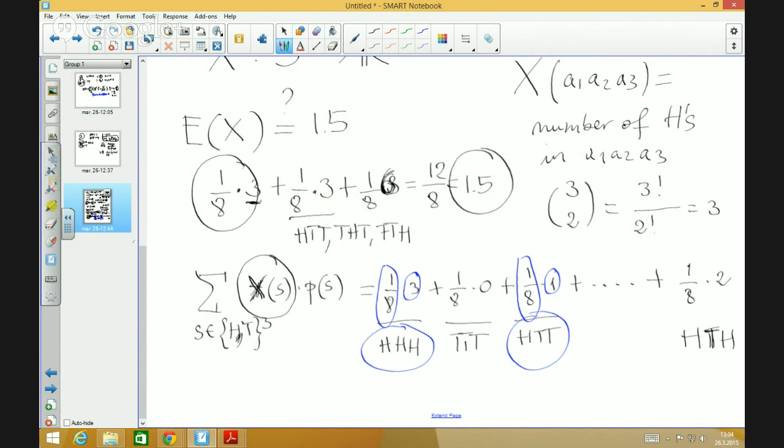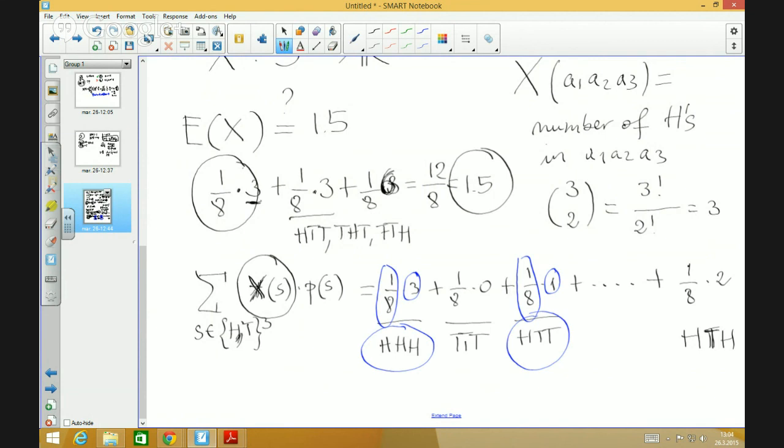However, what we are going to see after the break is that there are two important properties of expectation that actually simplify calculations enormously. So for random variables like this one, we don't need to look at all the possible outcomes.